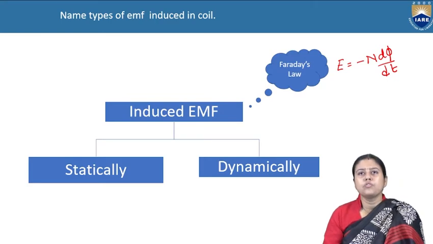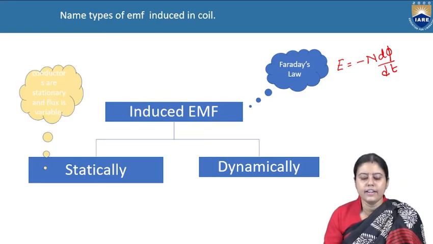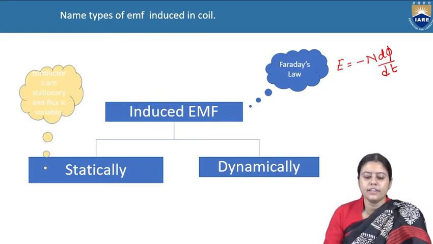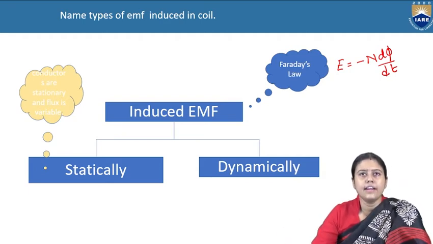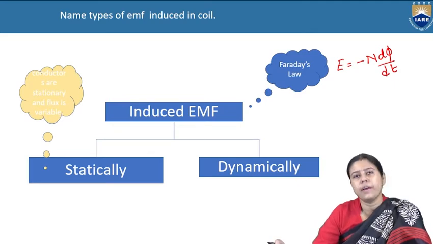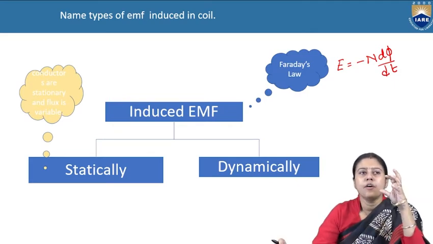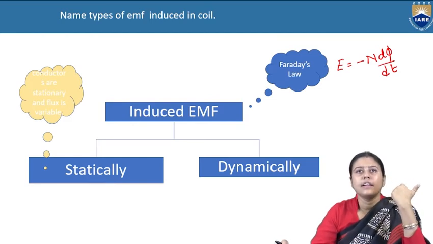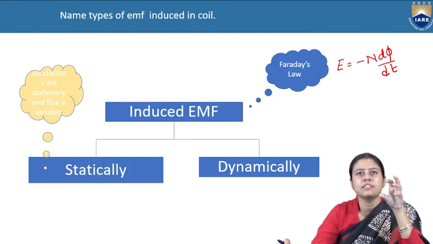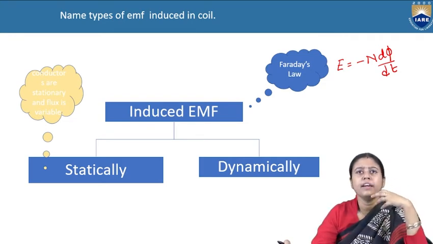So EMF is of two types. One is the statically induced EMF. In the statically induced EMF, conductors are stationary and the flux is variable. Means the flux is changing, but the conductors are stationary.